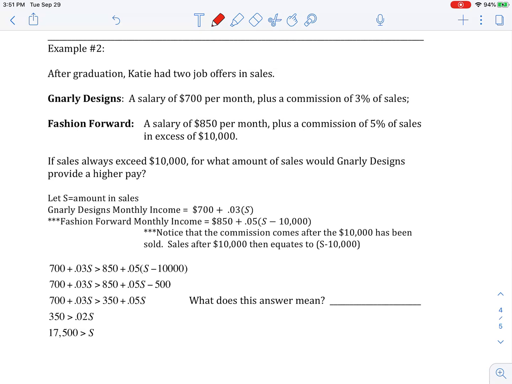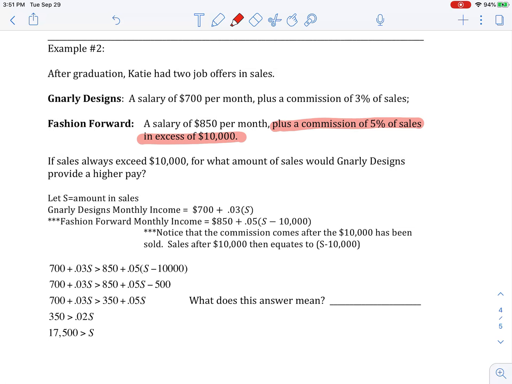I'm going to stop talking, and I'd like you to look at example number 2 a little bit closer. And I want you to pay close attention to how we algebraically represented the part of the equation that's plus a commission of 5% of sales in excess of $10,000.